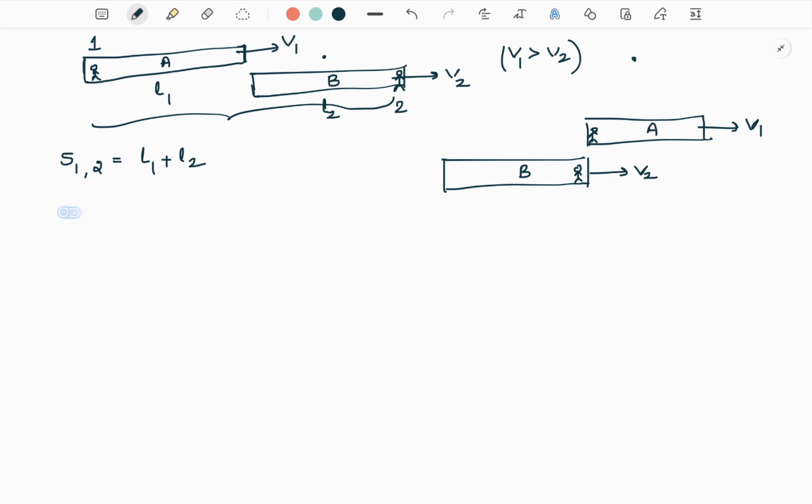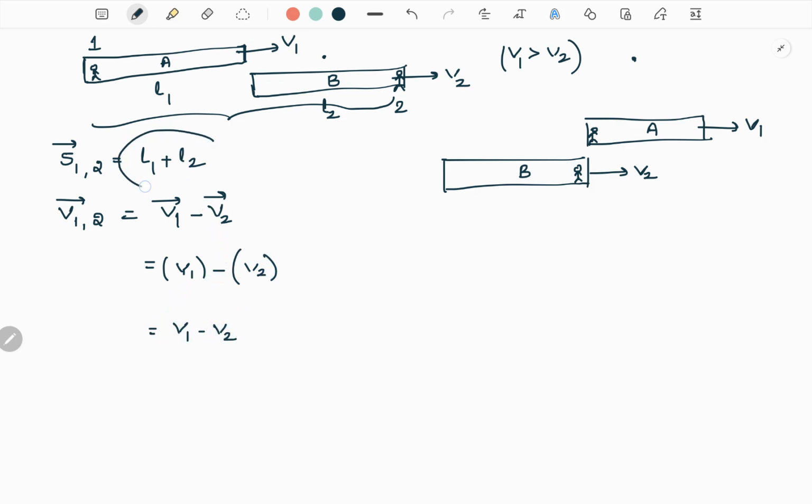Then what about the velocity of the first person as perceived by the second person? We can write it as v1 minus v2. Remember that it's in vector form. The velocity of the first person is in the right direction, so I consider it negative, and the second person also has a velocity in the right direction, so that is negative too. So v1 minus v2.